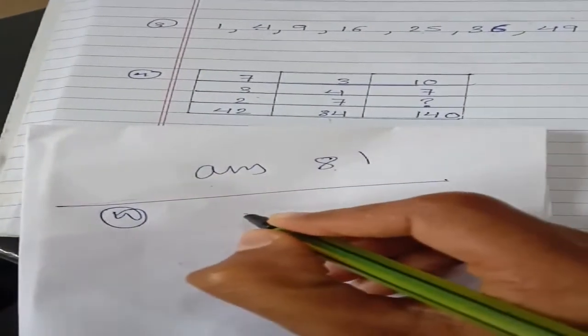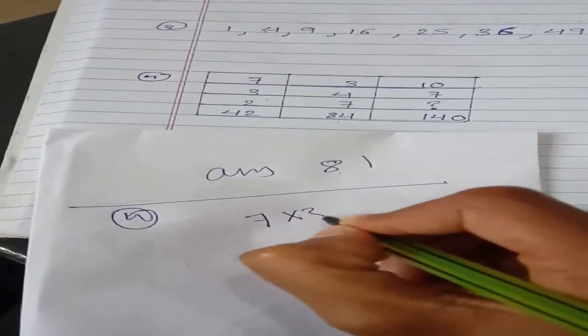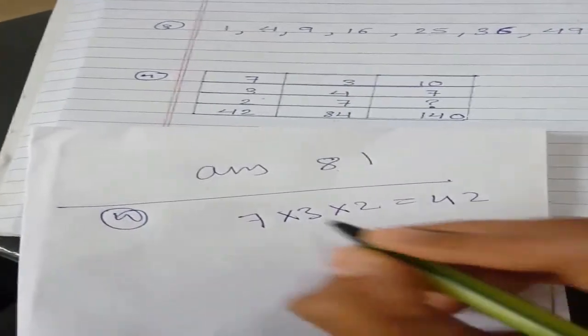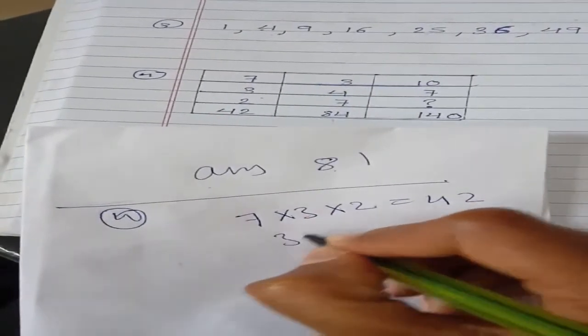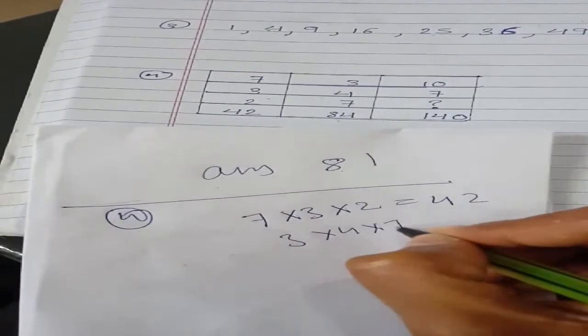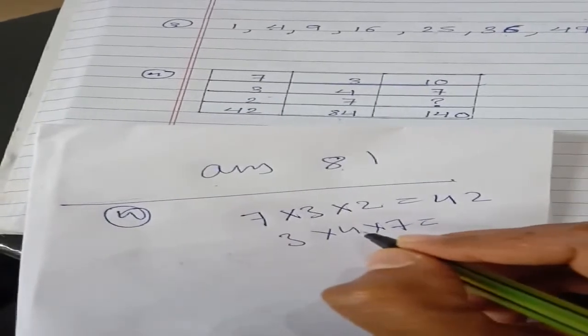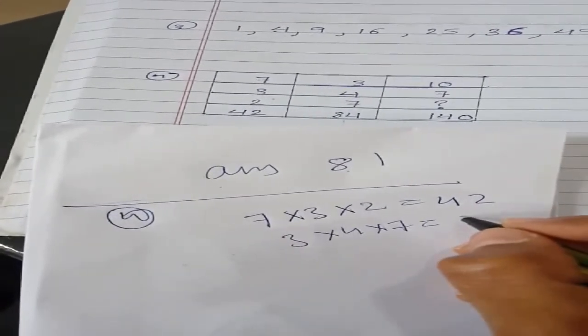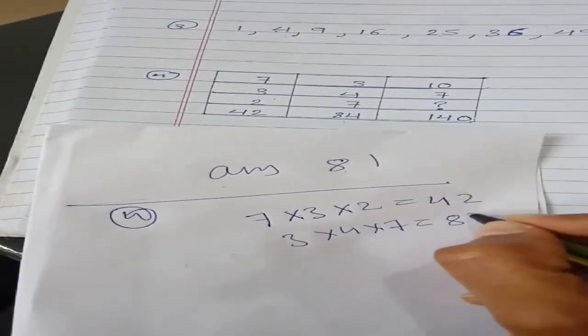So the first entry is 7 into 3 into 2, that is equal to 42. Next is 3 into 4 into 7: 4 3s are 12, 12 into 7 is 84.